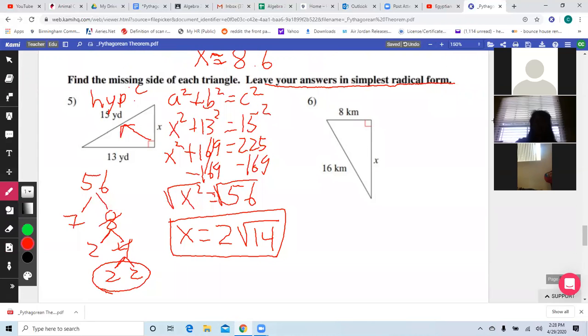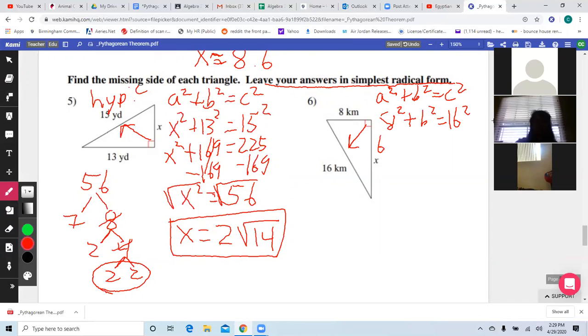So let's do it one more time with number 6, just to make sure you got this. Once again, you are using the same exact formula that we have been using. Remember, the C is what's always across the 90-degree angle. It doesn't matter which one you make your A and which one you make your B. So I have 8 squared plus B squared is equal to 16 squared.